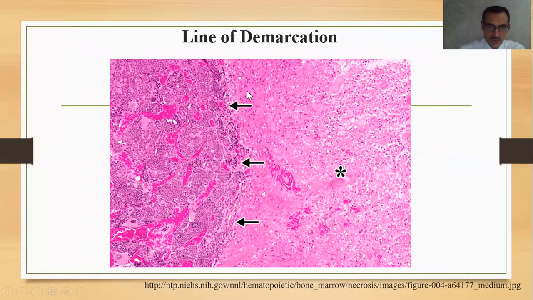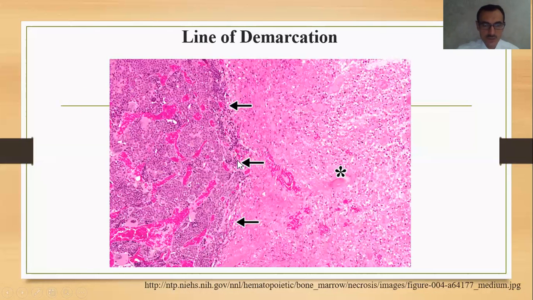During necrosis, between the normal tissue and the necrotic tissue, the tissue reacts to this process and starts the inflammatory process. The inflammatory process is the reactive process to limit, to inhibit the spreading of the necrosis toward the normal tissues.